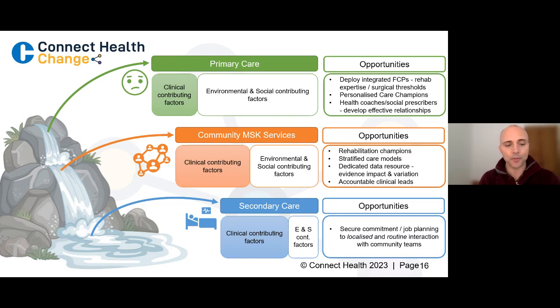If anyone was fortunate enough to go to the MSK conference in November, you might have heard Amy Robson talk about how the way that we're currently delivering MSK services isn't really getting the greatest outcomes for patients if we focus our outcomes on how patients recover well or live well with MSK conditions, focusing on disability adjusted life years.